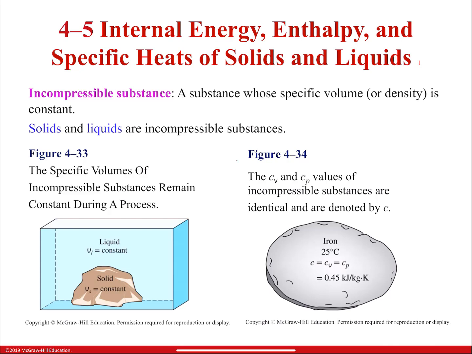As you can read right here, Cp and Cv values of incompressible substances are identical and they are denoted by C, okay? So for liquids and solids, or incompressible substances, Cp equals Cv, and we're going to call this just the letter C.